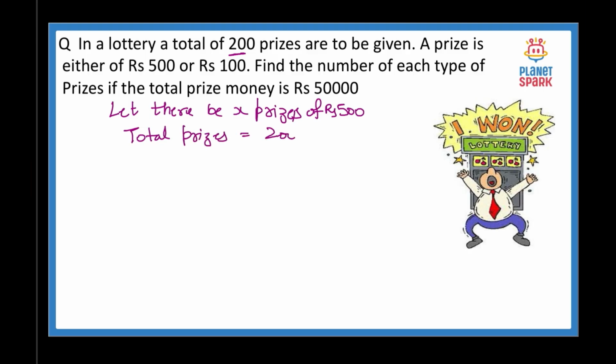Out of 200, X prizes are for 500 rupees. That means the number of prizes of rupees 100 is 200 minus X.